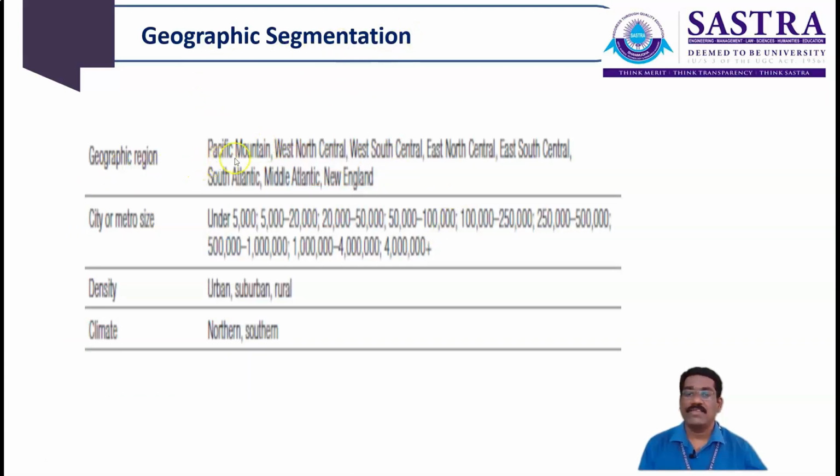Organizations try to segment the product based on geographic region, like Asia Pacific, Australasia, India, South Pacific. They try to segment the market based on the geographic region.